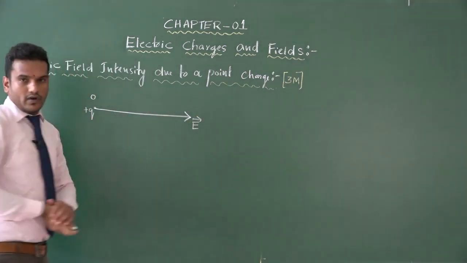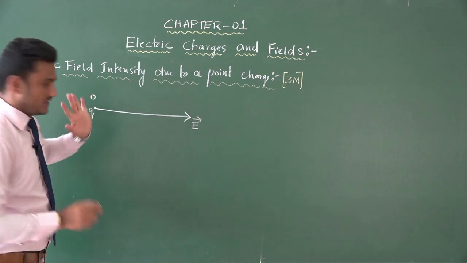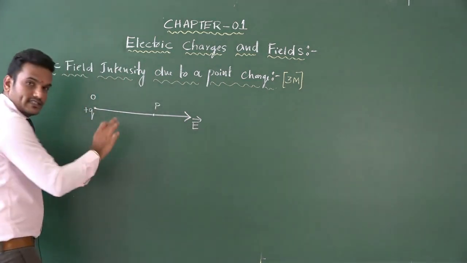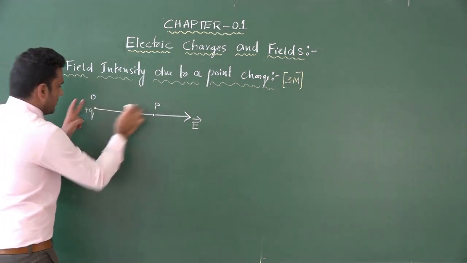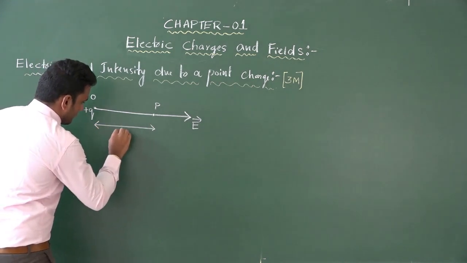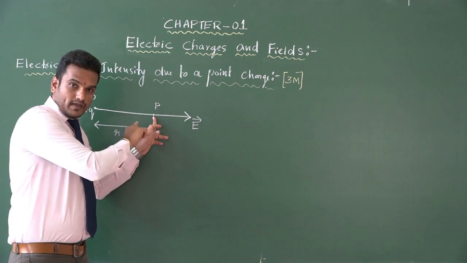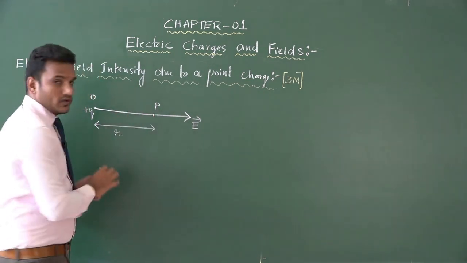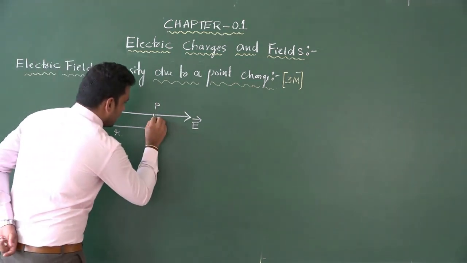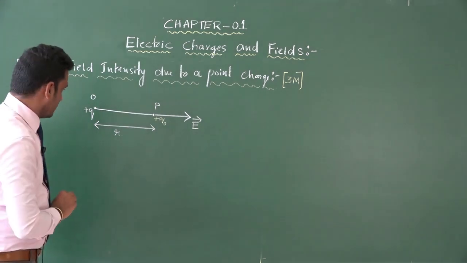At any point in an electric field we need to find electric field intensity, so I am going to mark a point P. The distance between the point O and the point P is taken as R. To find electric field intensity at point P, we need to keep a unit positive charge at that point. Now I am keeping a unit positive charge, plus Q naught.